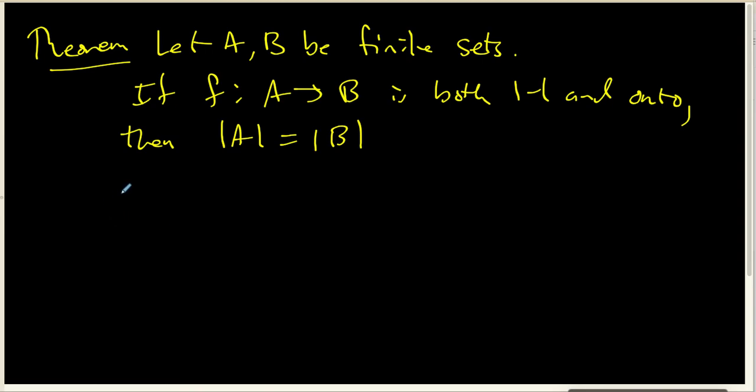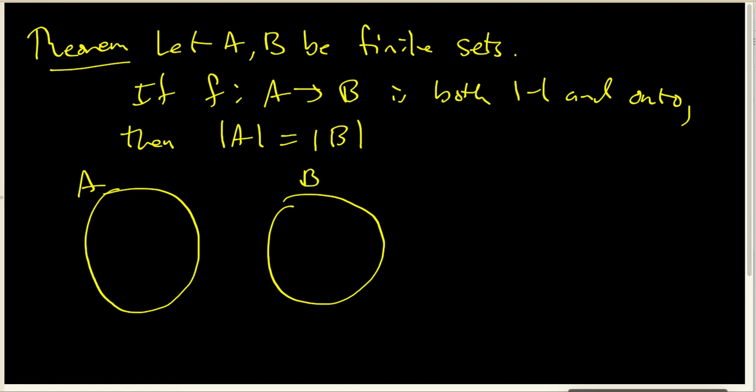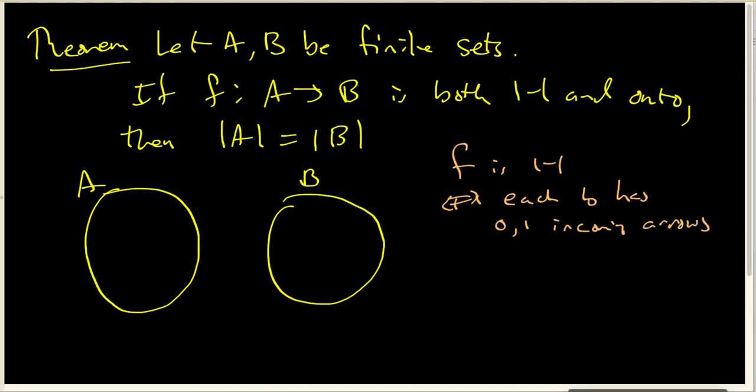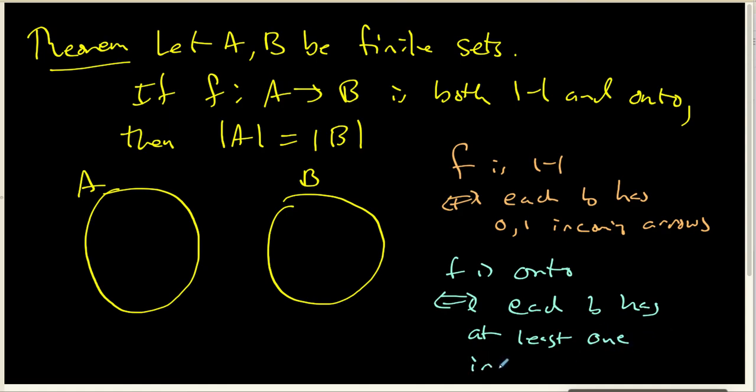Again, in arrow diagrams, if that's A and this is B, I'm going to put the two conditions in different colors. f is one-to-one tells me that each b has 0 or 1 incoming arrows, and f is onto says each b has at least 1 incoming arrow.